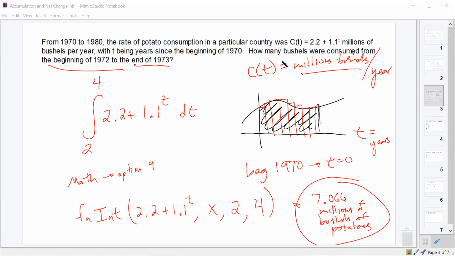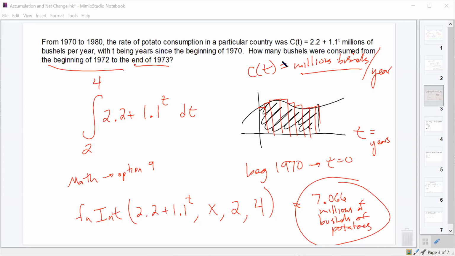And make sure that on the AP test, you always round to 3 or more decimals, never less than 3. Did everybody successfully get 7.066 millions of bushels of potatoes? Yes. Wonderful.